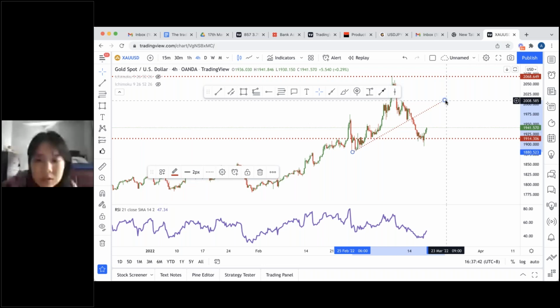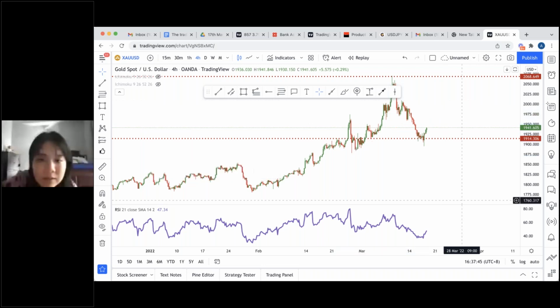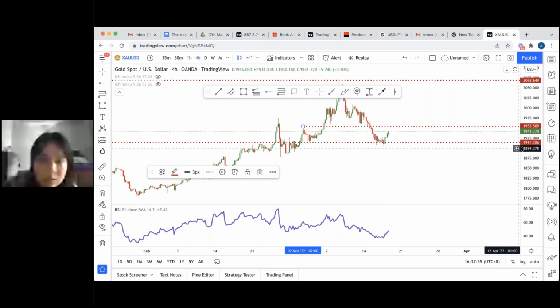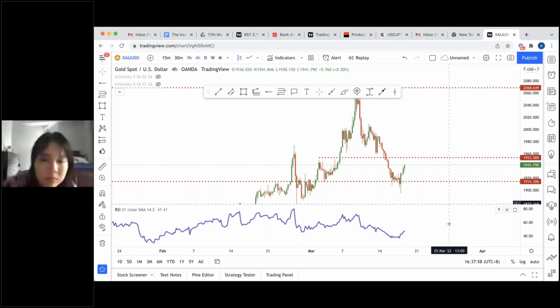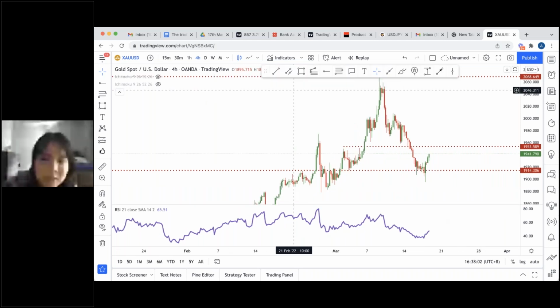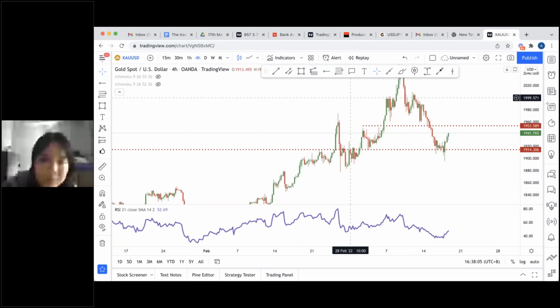The resistance levels I identify would be, in case you guys are confused about what I'm doing, I'm actually looking for key support and resistance levels.